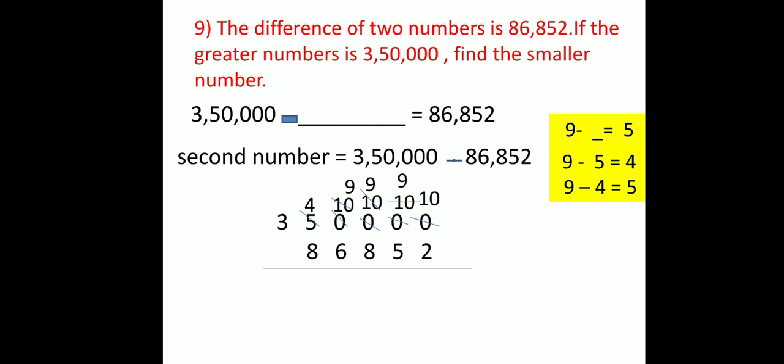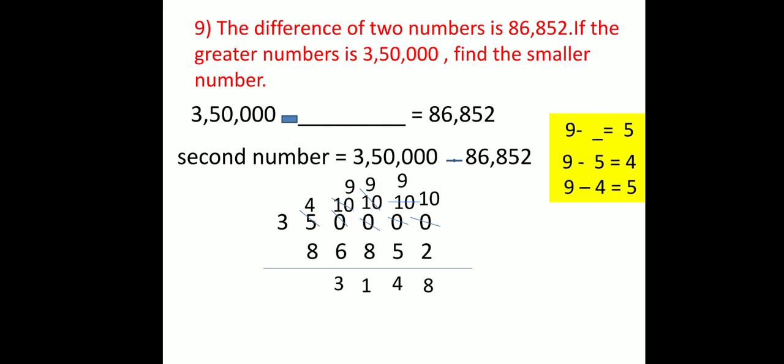Then start subtraction. 10 minus 2 from the right side. Don't forget that. 10 minus 2 is 8. And then 9 minus 5 equal to 4. And 9 minus 8 equal to 1. Then 9 minus 6 is equal to 3.